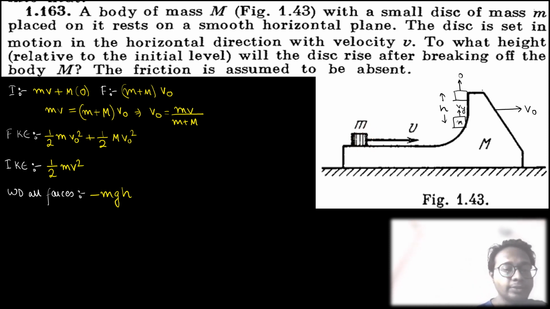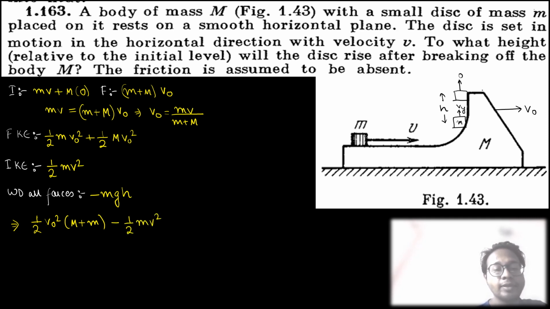So if I apply the change in kinetic energy, taking v naught square common, half v naught square into (m plus M), this entire value, final kinetic energy minus initial kinetic energy, is equal to the work done by all the forces.